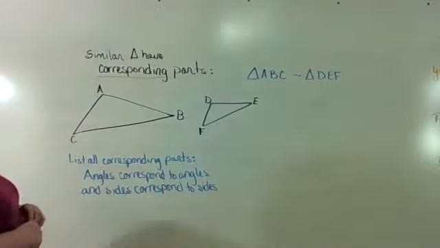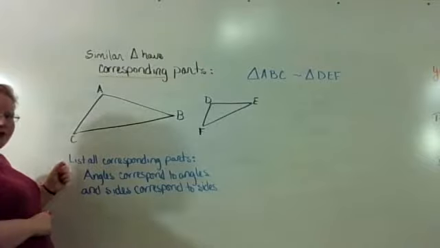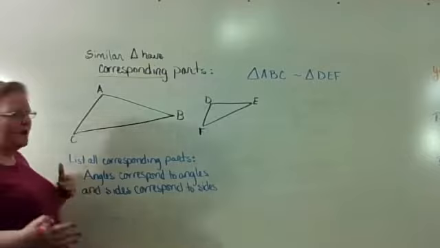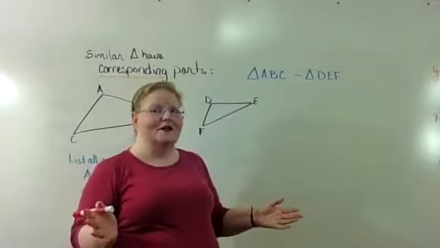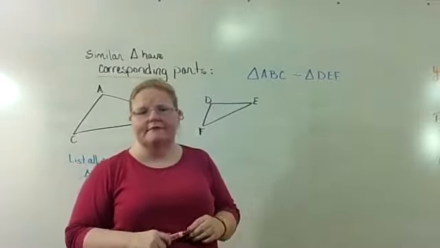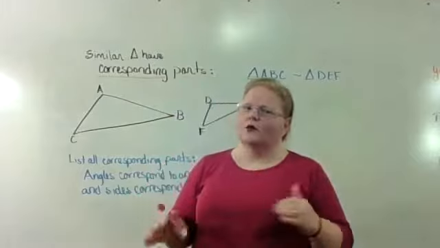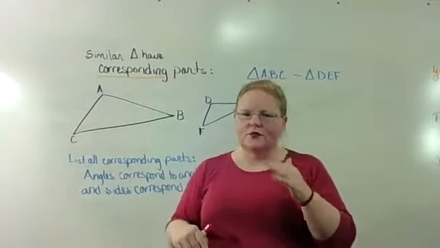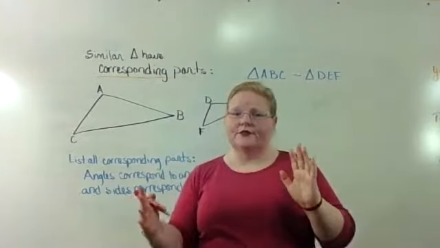So for corresponding parts, you can have a whole host of different corresponding parts for triangles. We talked some about corresponding parts because I called them corresponding when we were doing the parallel lines. So we had some corresponding parts there where this corresponds to that and this corresponds to that because it was in the same general area, just at a different intersection.